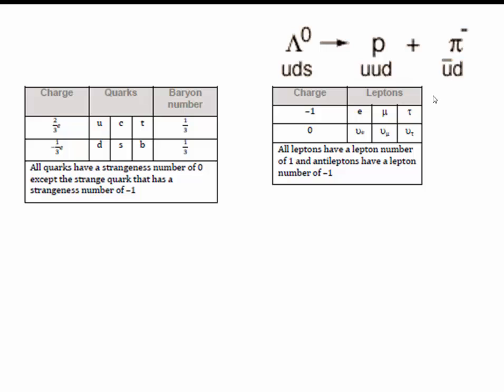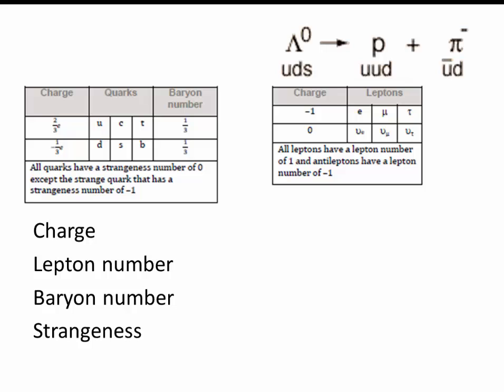And this one, we have a lambda 0 decays to a proton and a pi minus. Charge, lepton number, baryon number, and strangeness. This is 0 goes to 1 plus negative 1, so that is consistent. Yes, that works. Lepton number, these are hadrons, not leptons.